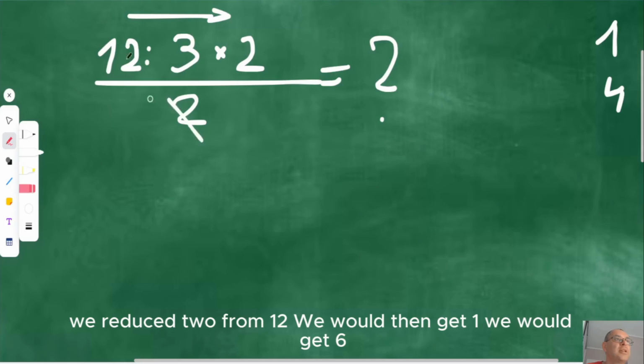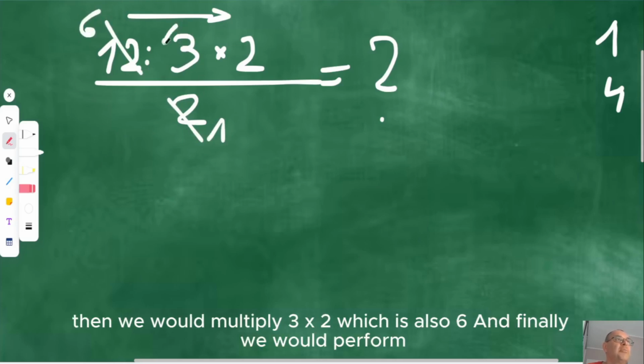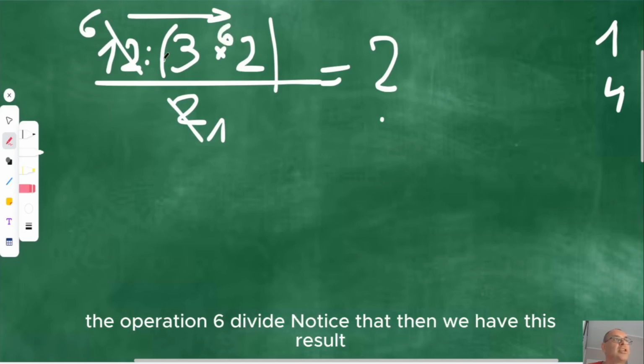We reduce 2 from 12, we would then get 6. Then we would multiply 3 by 2, which is also 6, and finally we would perform the operation 6 divided. Notice that then we have this result.